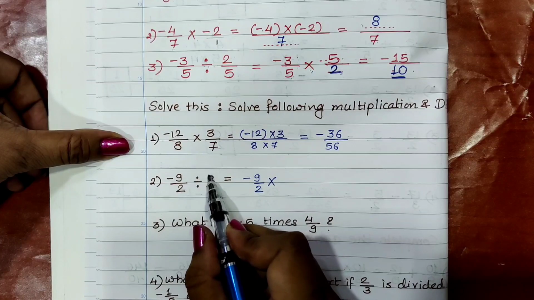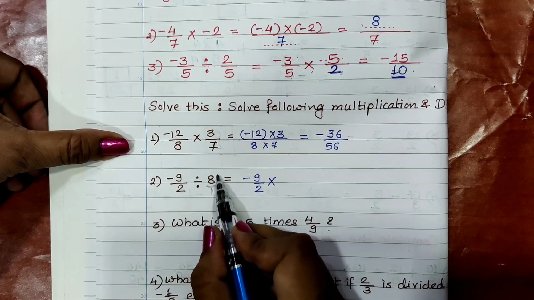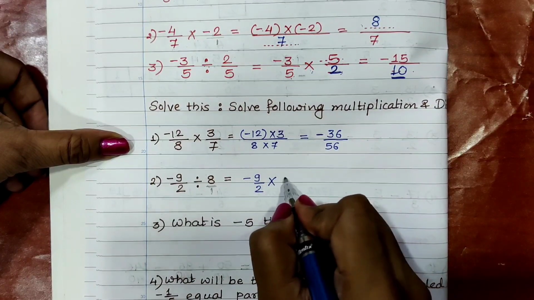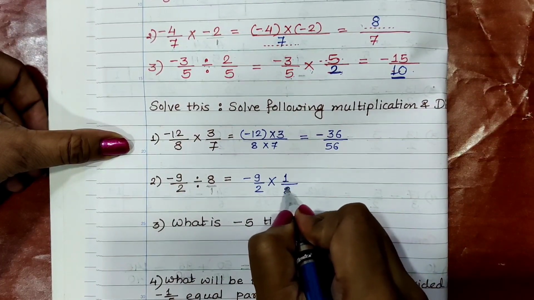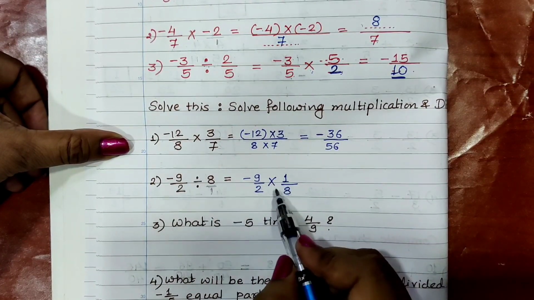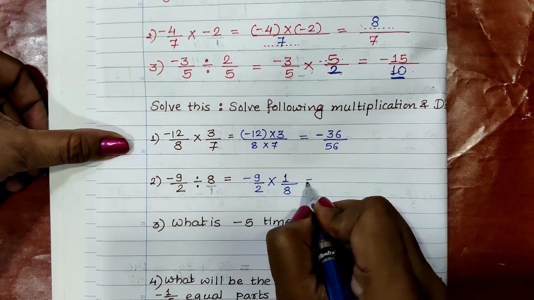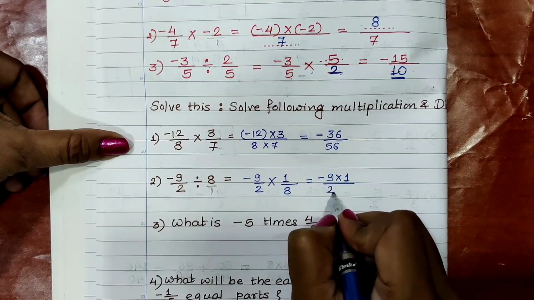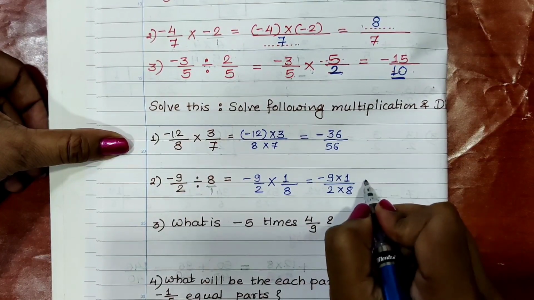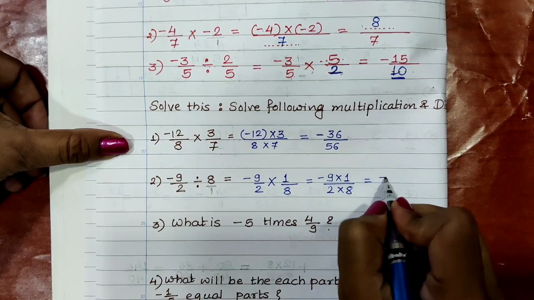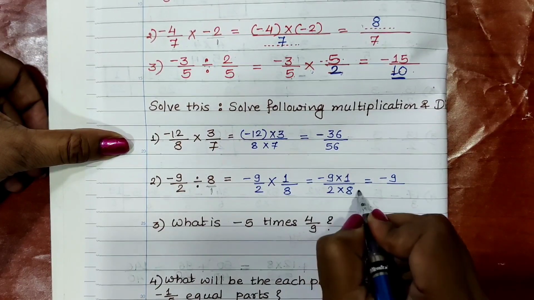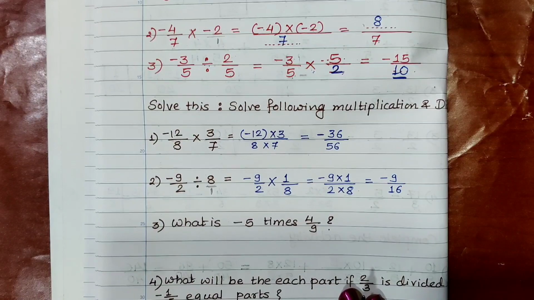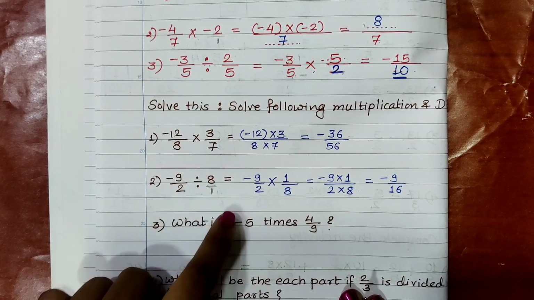We have to write the reciprocal of the second rational number. The second rational number is 8 upon 1. Its reciprocal will be 1 upon 8. Now we have converted into multiplication. We have to apply the rule of multiplication. Minus 9 into 1 upon 2 into 8 is equal to minus 9 into 1 is minus 9, and 2 eights are 16. In this way you can solve the division sum also.